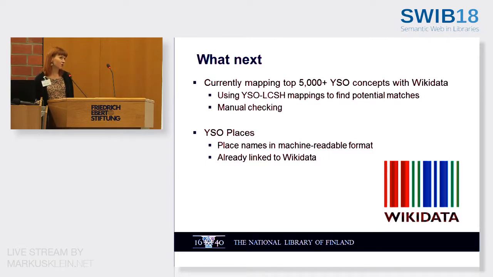We also have some previous experience of working with Wikidata, as we have a subset of YSO called YSO Places. It is a machine-readable place name scheme, and we already linked that to Wikidata, I think, last year.